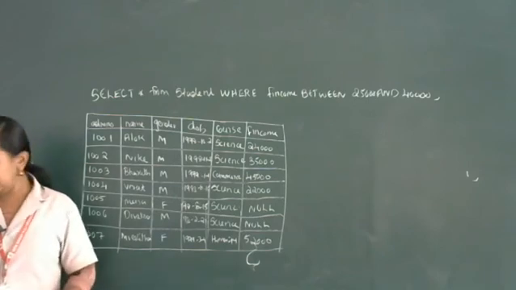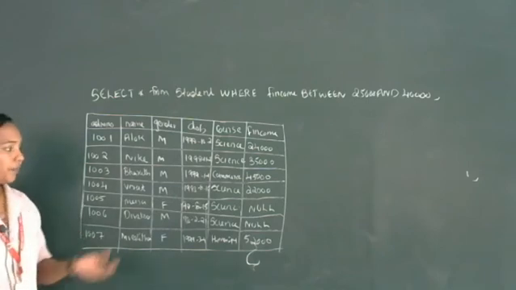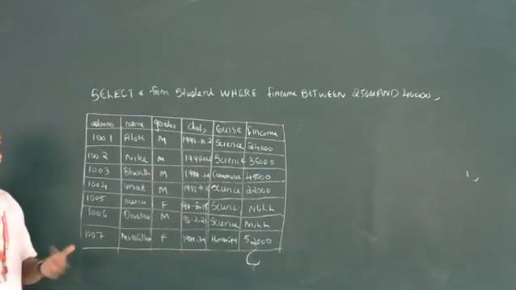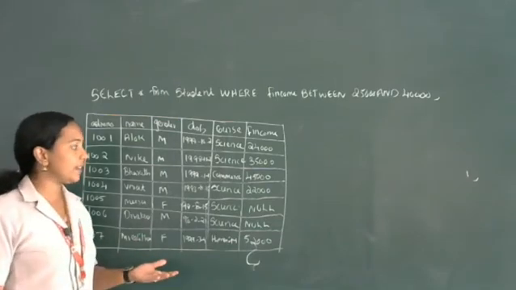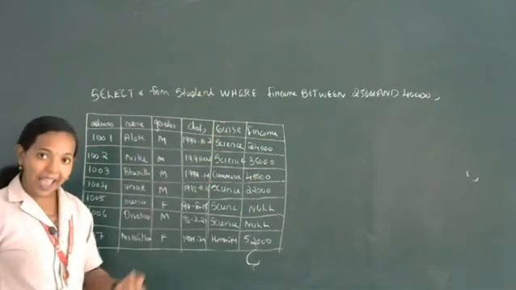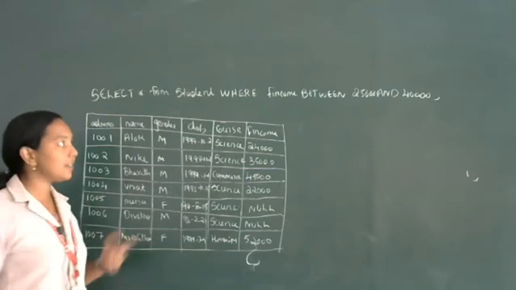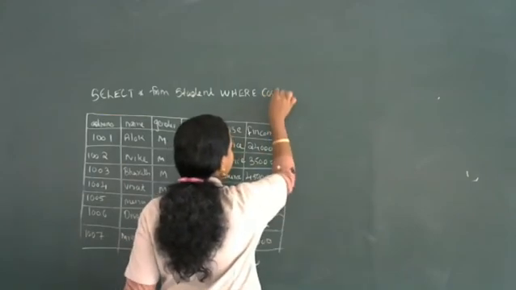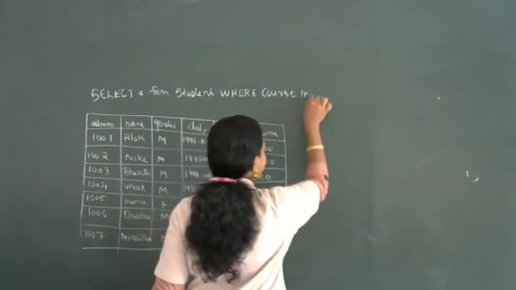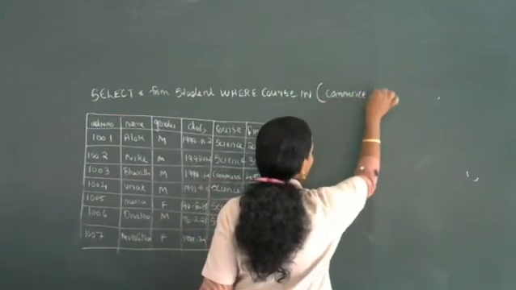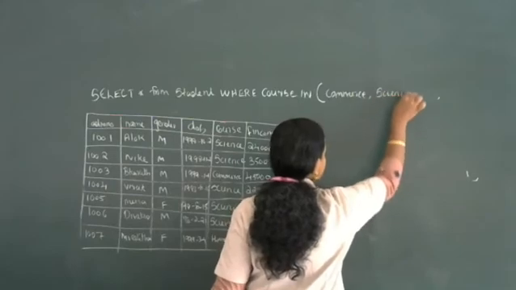Okay, clear? Then suppose you want to select all the students in the science batch and also the commerce batch. We can write like this: select star from student where course is equal to science or course is equal to commerce. Otherwise, we can write one more condition: where course in commerce, science.